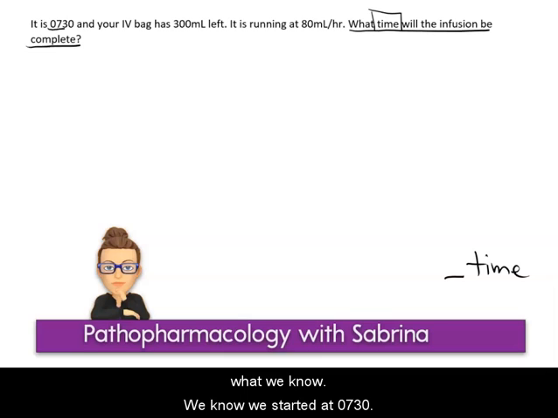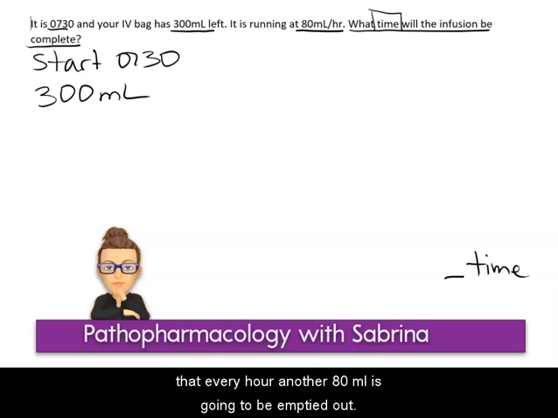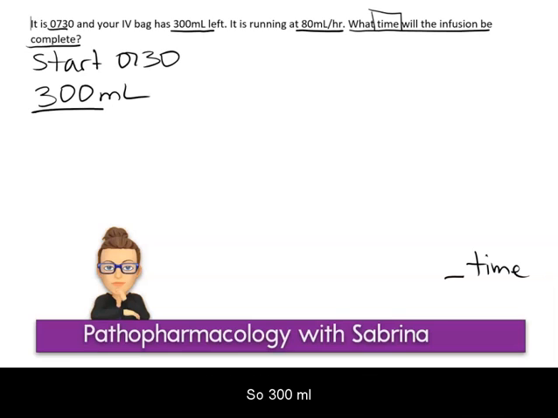We know we started at 07:30. We know that there's 300 milliliters in the bag. And we know that every hour another 80 milliliters is going to be emptied out. So 300 milliliters and 80 milliliters per hour.